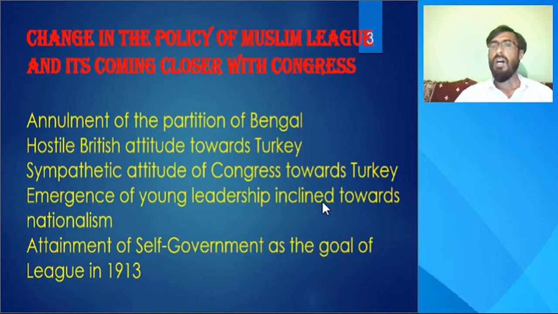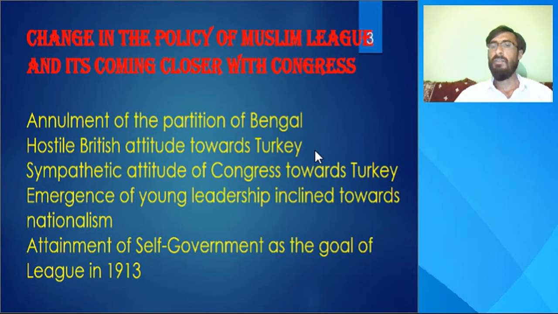Another factor of this act was the change in the policy of Muslim League and its coming closer with the Congress. There were certain factors which forced the Muslim League to move away from the British loyalty and come closer with the Congress. In 1911, Bengal was unified against the wishes of Muslim League.